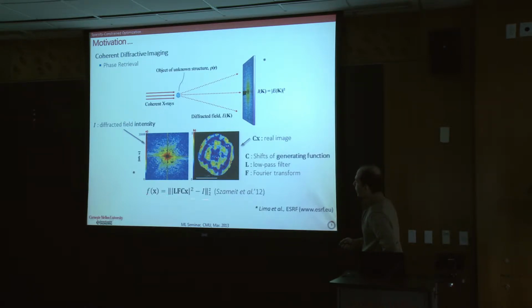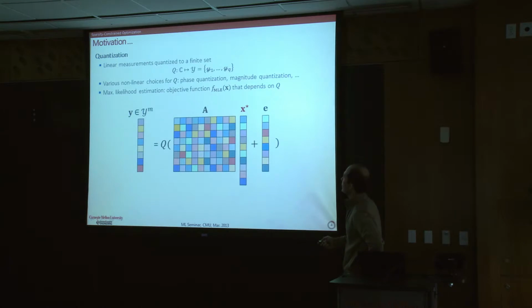And then you can measure the fidelity of your estimate using this objective function. And in terms of sparsely constrained optimization, you want to find the minimizer of this subject to the number of nonzeros of x being less than some known constant.